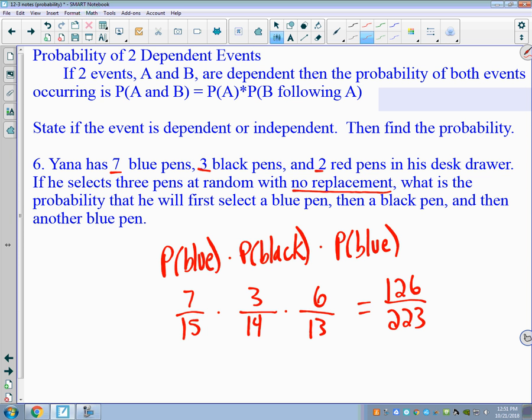On the top there, that would be 126 over 15 times 14 times 13 is 223. Yeah, that seems weird. Does that reduce? 126 over 223 doesn't reduce any.